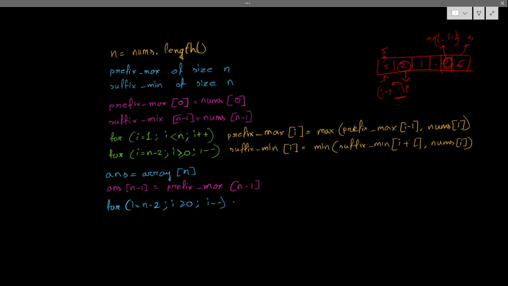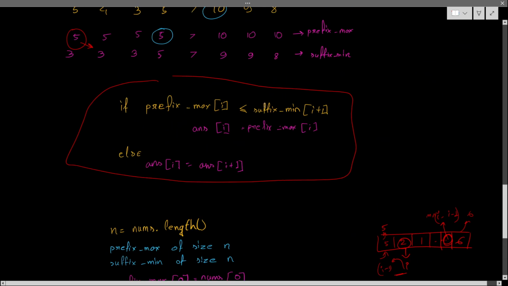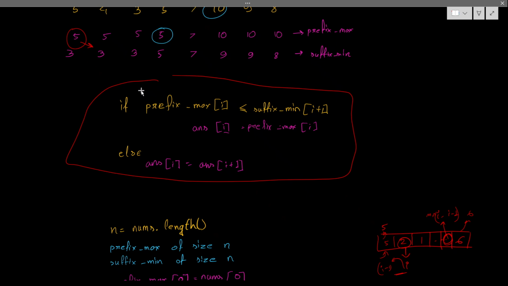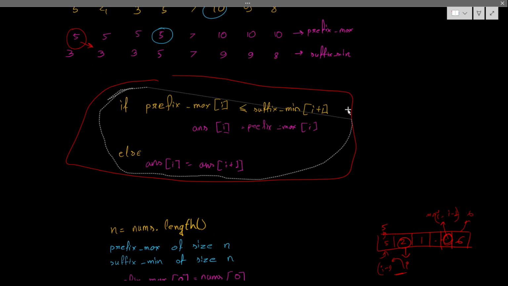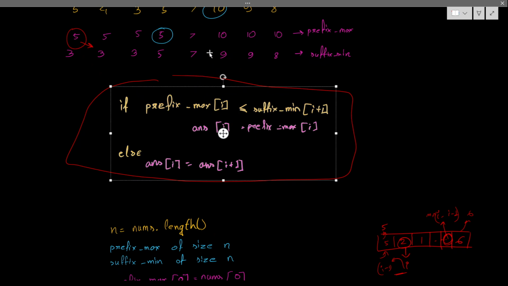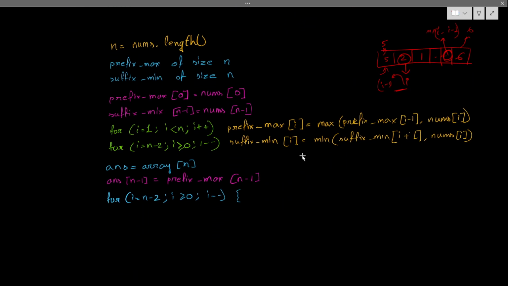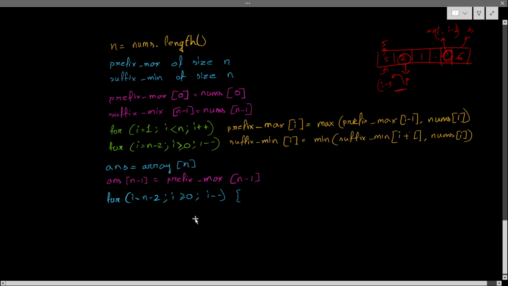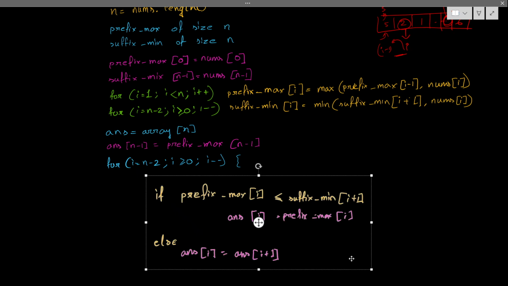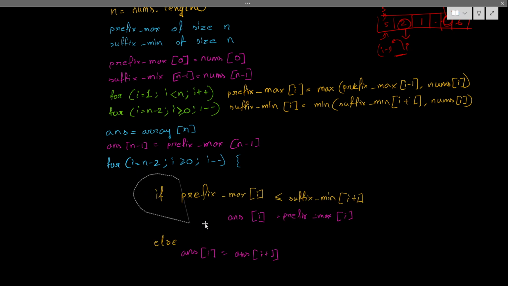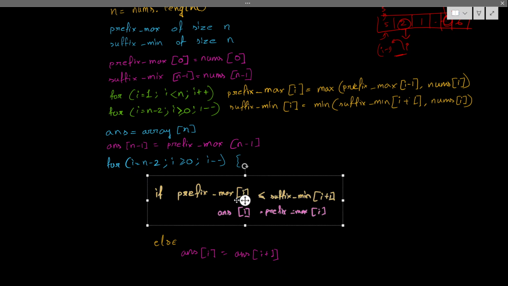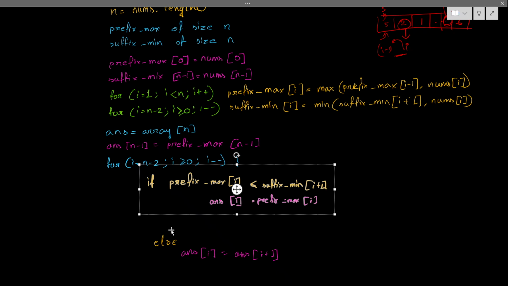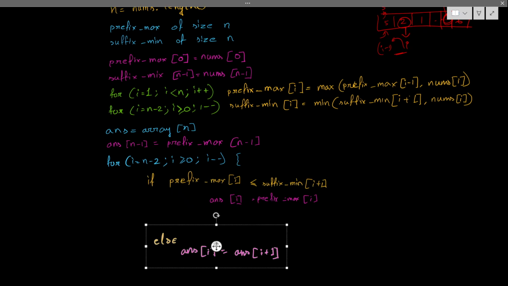This is the check I have to do: if my prefix max of I is less than suffix min of I plus 1, that means if it is the case, my answer will be prefix max of I. Otherwise, if it is not the case, then it will be answer plus 1.